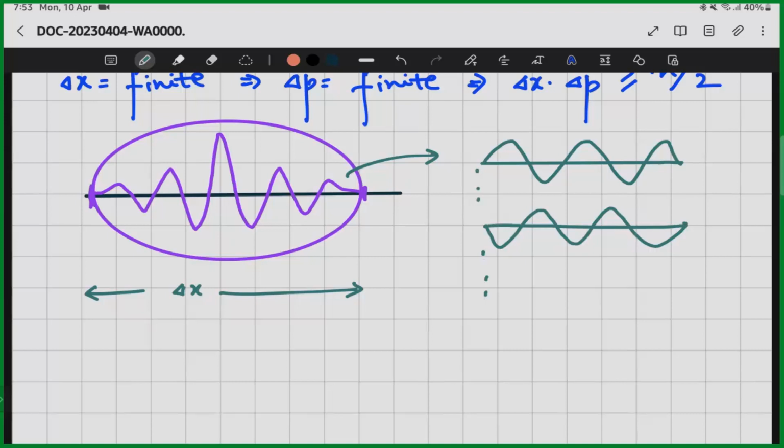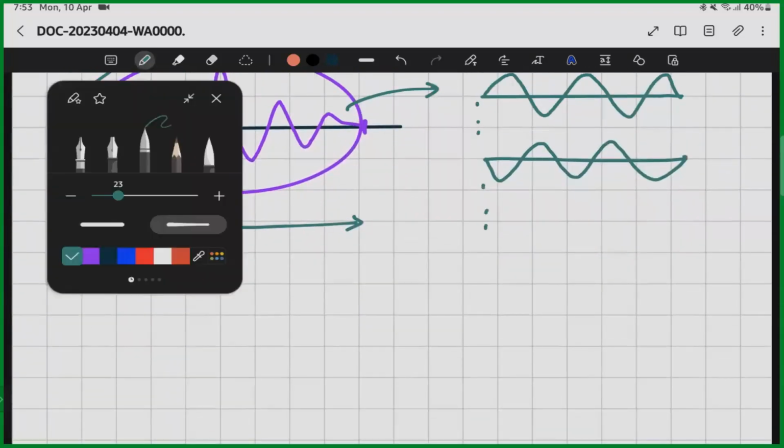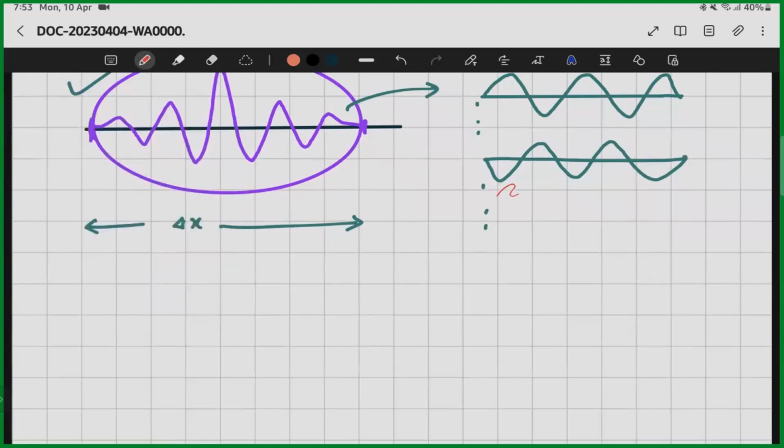If we merge those waves, we get a net wave packet, a group wave. If we break it down, it has many waves, which means there are many lambdas. So lambda is not precise.